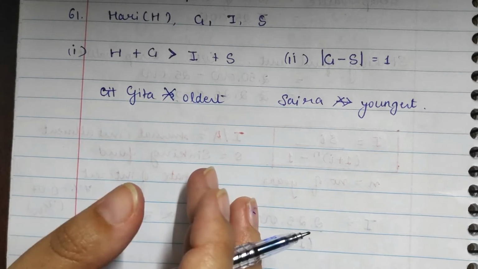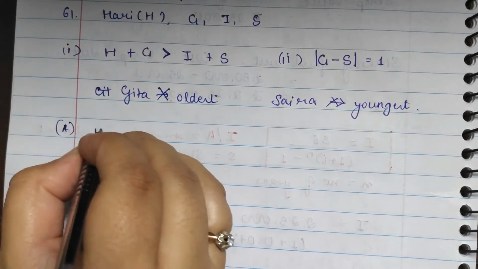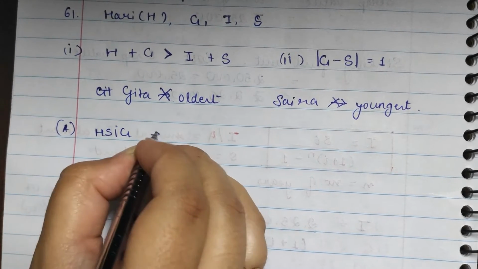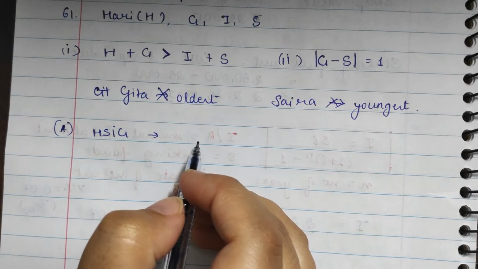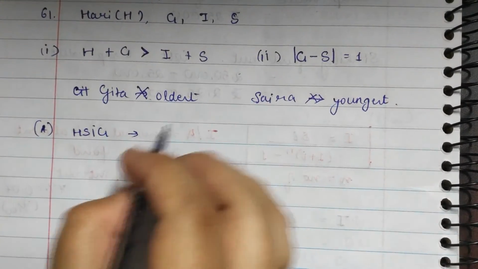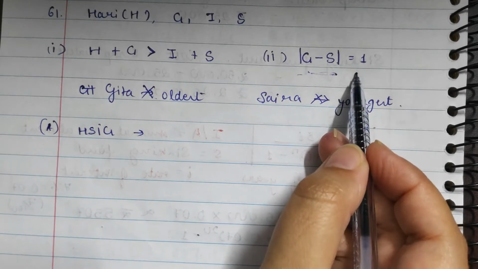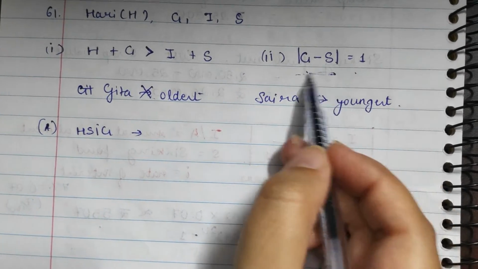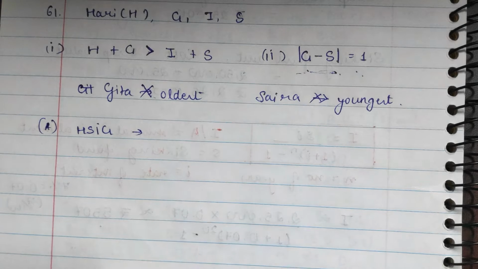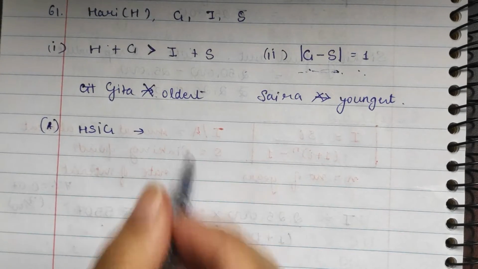If you see the question, the first option, option A, has H, S, I, and G. Basically you know that the age difference between Geeta and Saira is 1 year. If the age difference between them is 1 year and they're all born on 1st January, there cannot be Hari in between them or Irfan in between them.